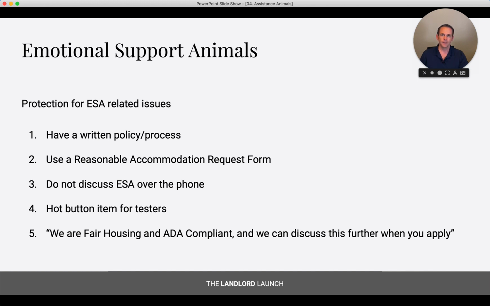So let's say a single mother was denied an upstairs apartment for some reason. They may send a single male over to see if he is denied for the same apartment, and if he isn't, then there's a potential that discrimination occurred based on familial status because the single mother had a kid and the man did not, or sex, or whatever the case may be.